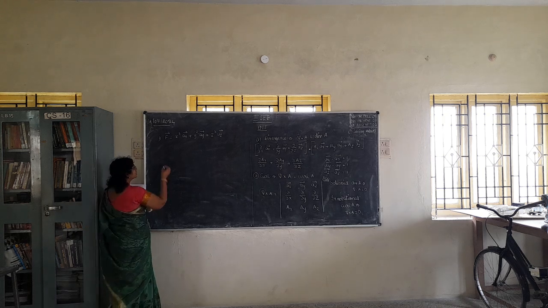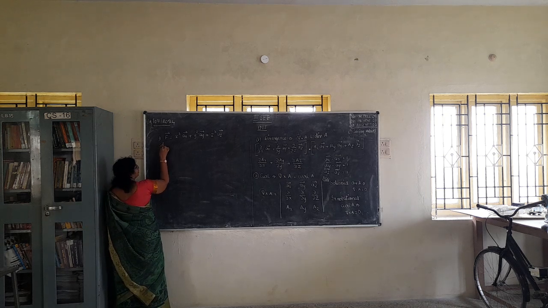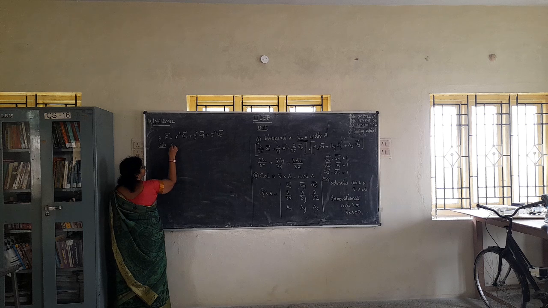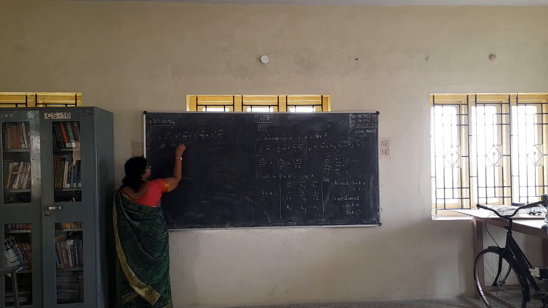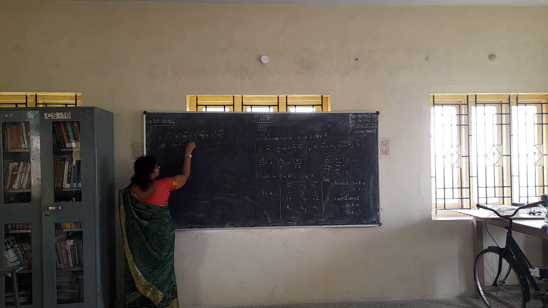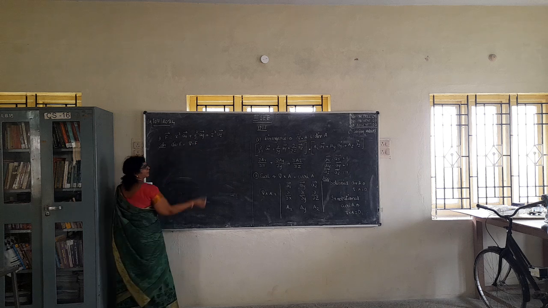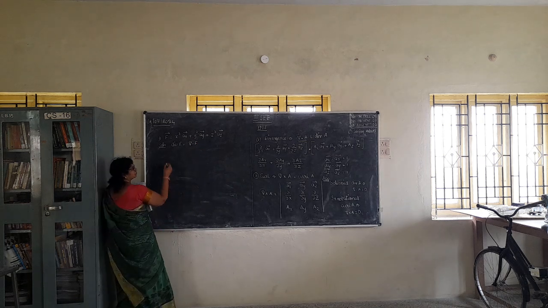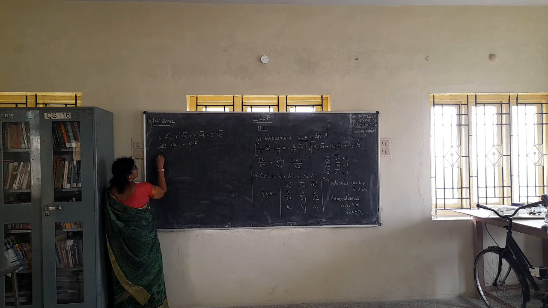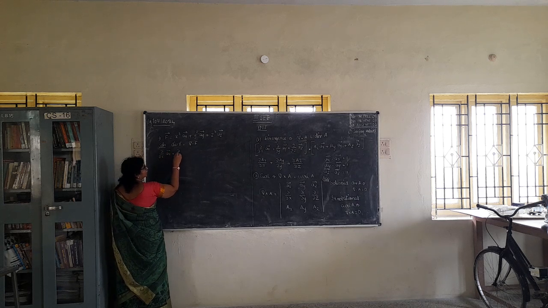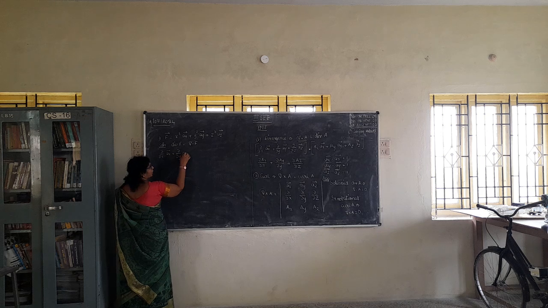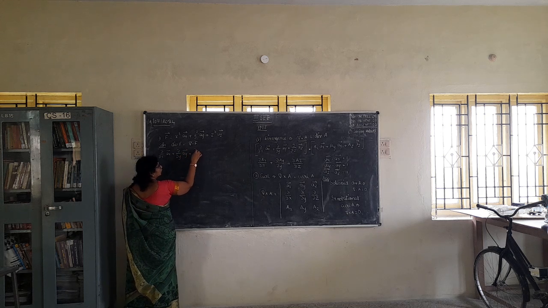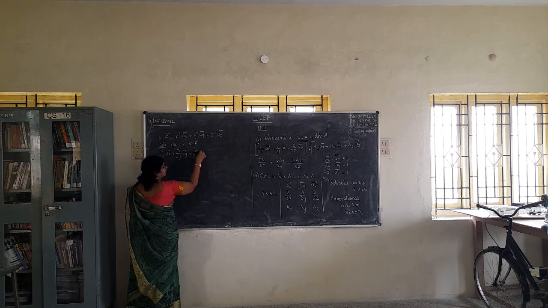First one, divergence of f. That means del dot f vector. So solution is dou by dou x ax vector plus dou by dou y ay vector plus dou by dou z az vector.